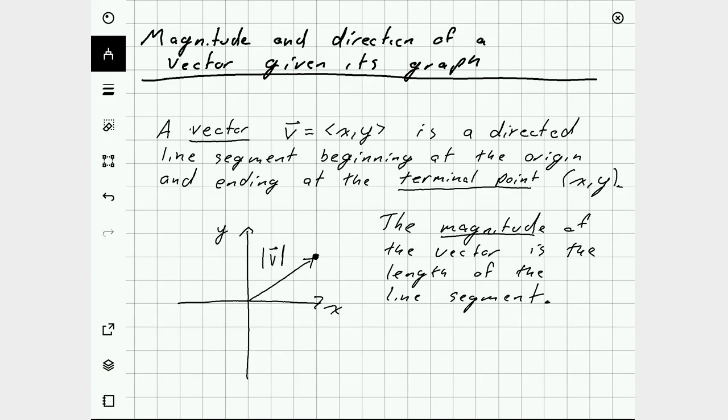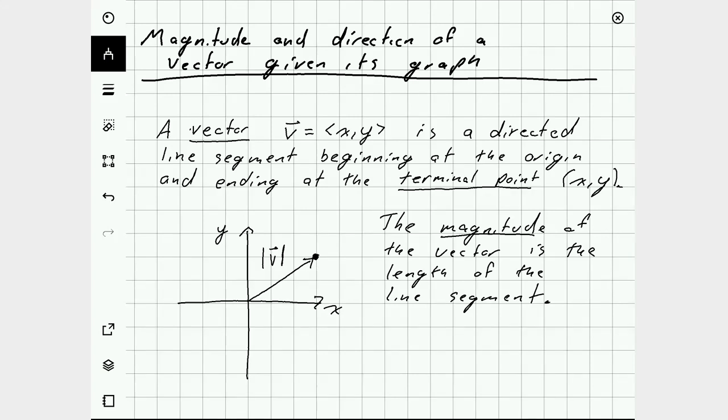So absolute value of vector is the length of the line segment. Again, using the generalized idea of absolute value of an integer, the distance from that integer to 0 on a number line, the absolute value of a vector is the distance from its terminal point to 0 in the coordinate plane.